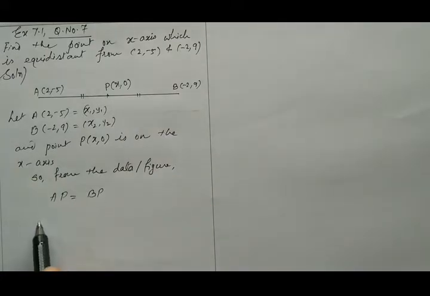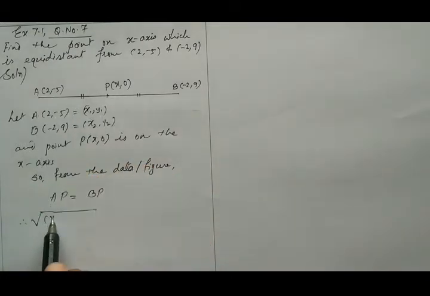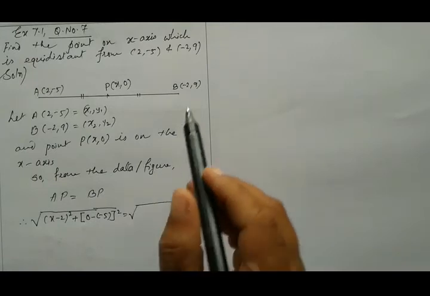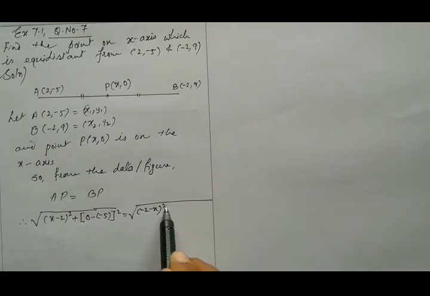So it will be under root x minus 2 whole square plus 0 minus 5 whole square is equal to BP, under root minus 2 minus x whole square plus 9 minus 0 whole square.